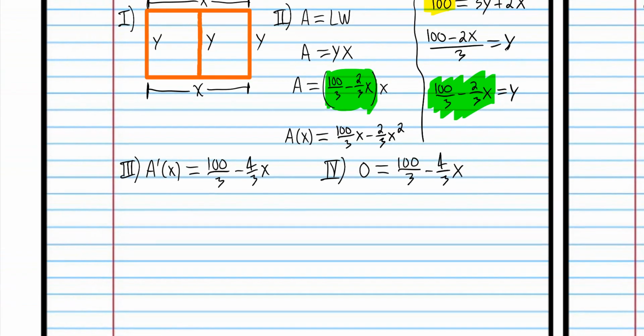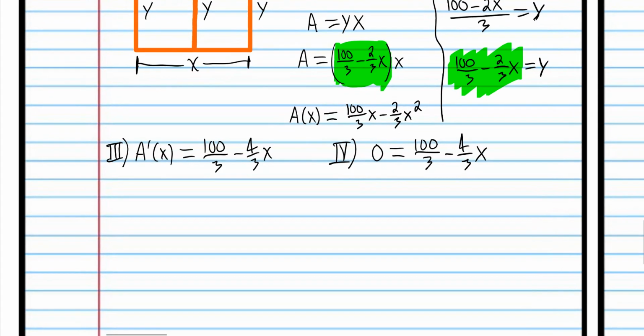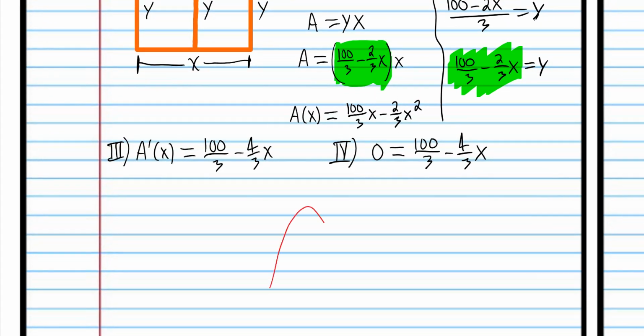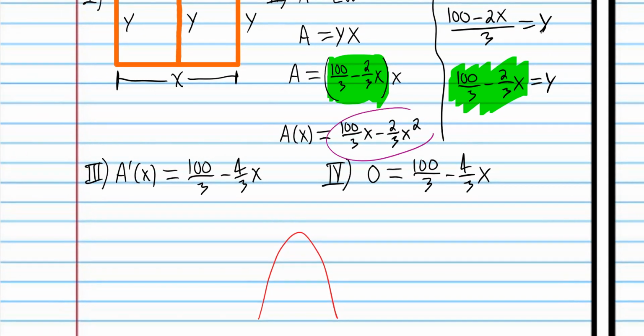Now, we care about that because, again, that's where you have a maximum value, when the slope of the tangent line is 0. So again, we don't really need to use calculus because we know that's just going to be a quadratic. And when we have a maximum value, the slope of the line that's tangent is going to be 0.